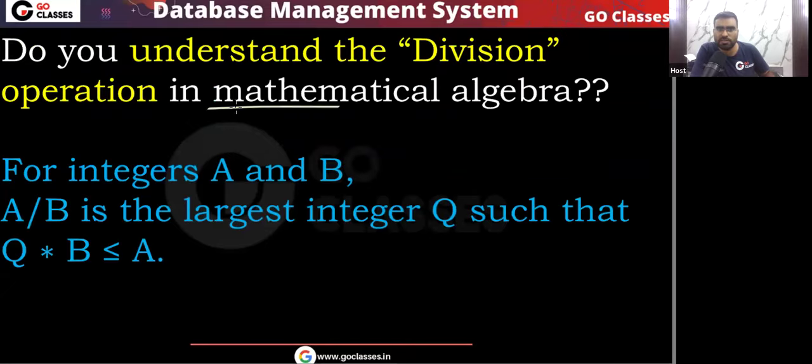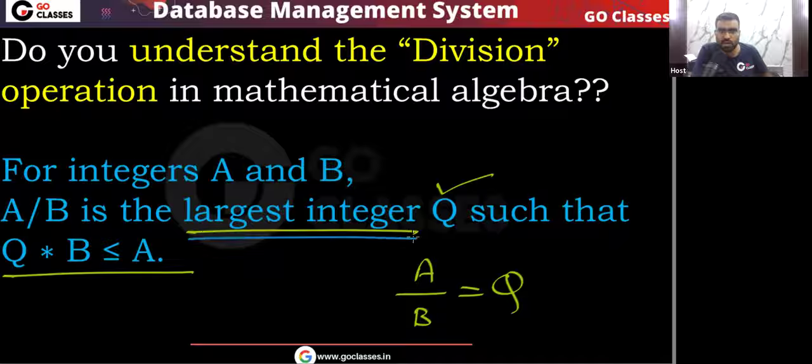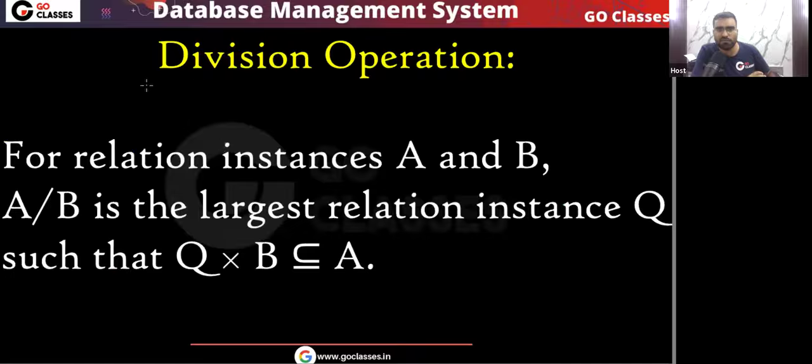You know mathematical division. If you have integers a, b, then a divided by b is the largest integer q such that q multiplied by b is less than or equal to a, right? The same thing you can say for relational algebra division operation.